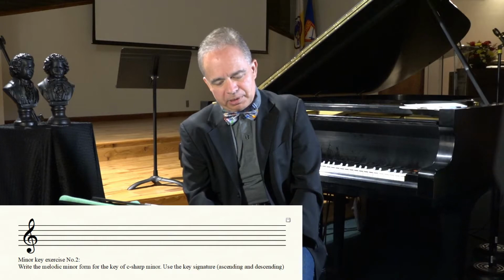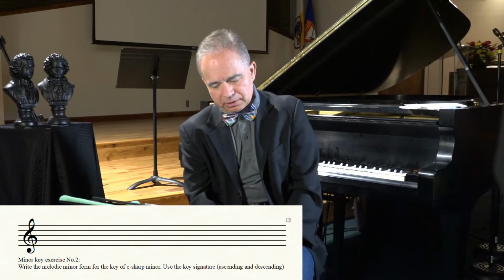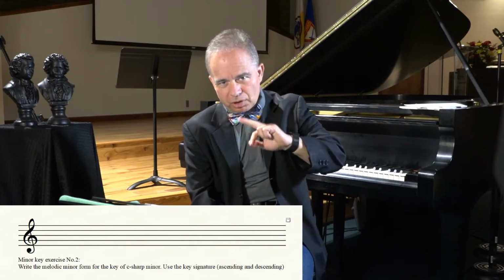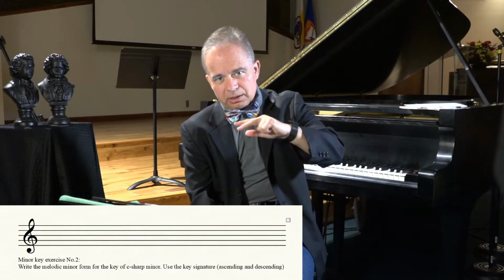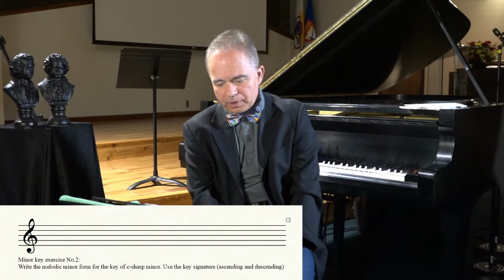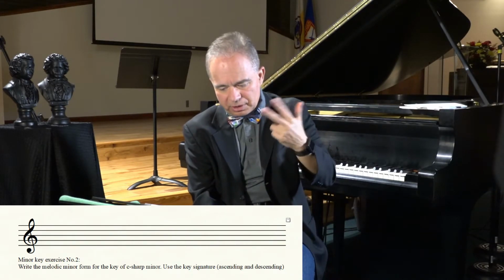What are going to be my 6th and 7th degrees raised? Well, obviously the leading tone, it's going to be B sharp, because B sharp to C sharp, right? It's going to be your minor second there between the 7th and the 8th degrees, or the 1st degree.